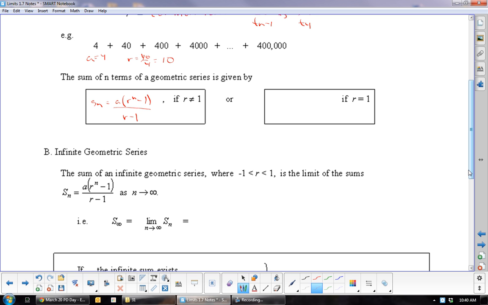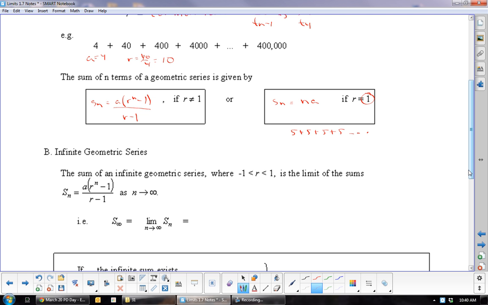Now, if r equals 1, which isn't much of a geometric series, but it would still be classified as one, Sn equals N/A. People usually ask what kind of series that would be. The series would be 5 plus 5 plus 5 plus 5, dot dot dot.